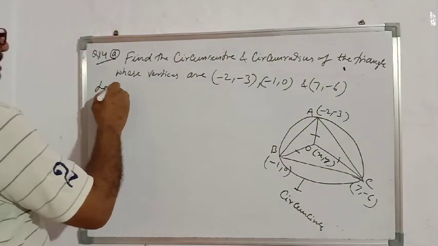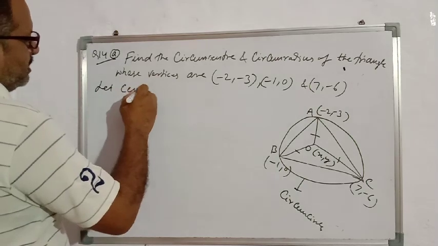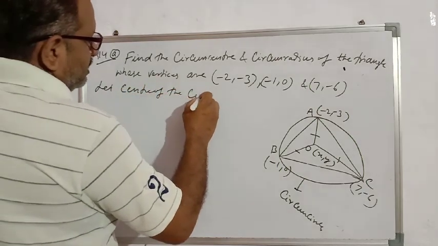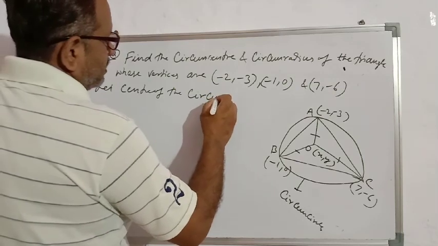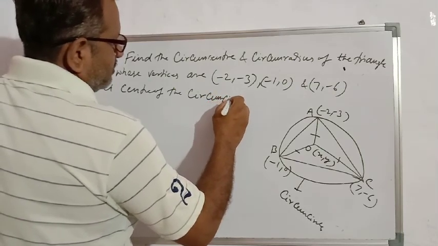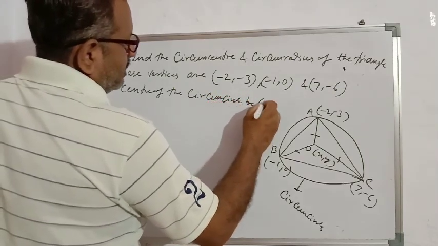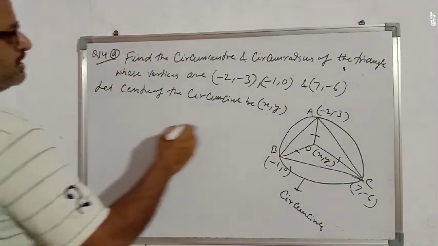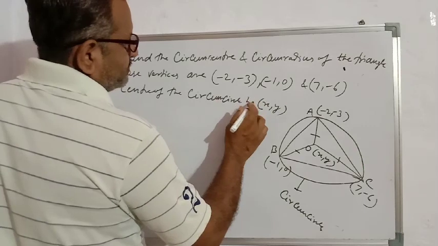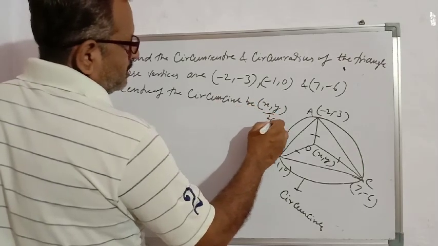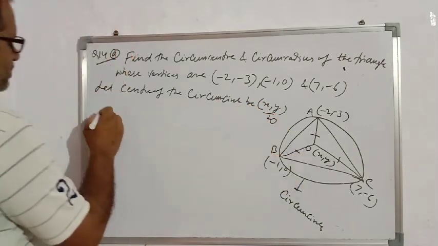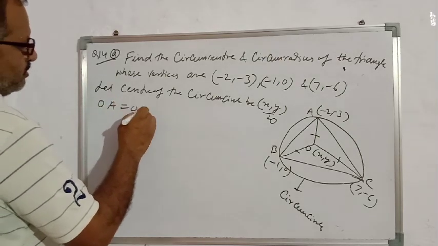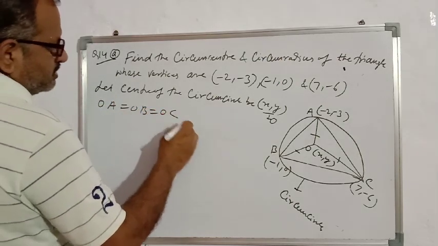So let the center of the circumcircle be x comma y. It is the point O. So OA is equal to OB is equal to OC.